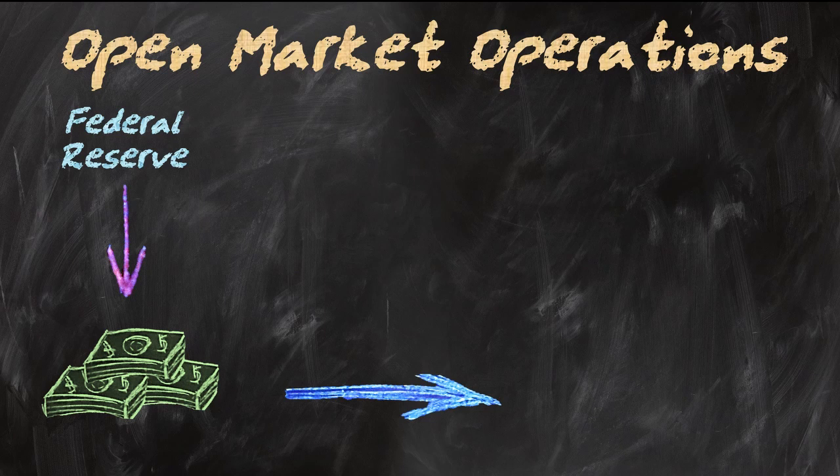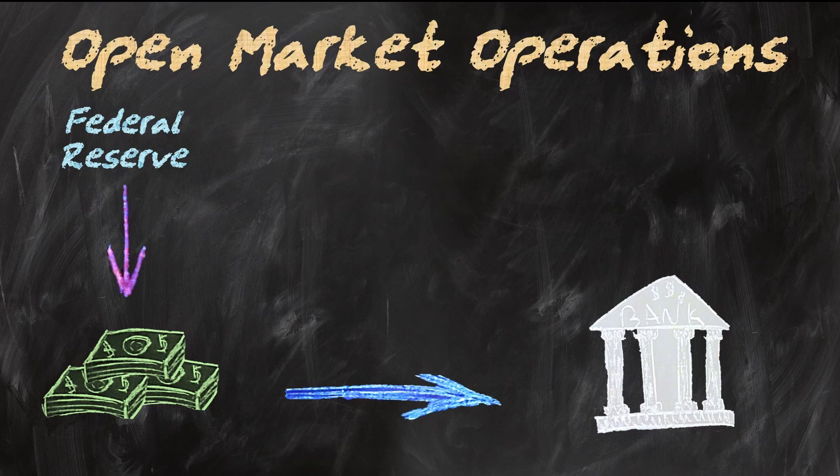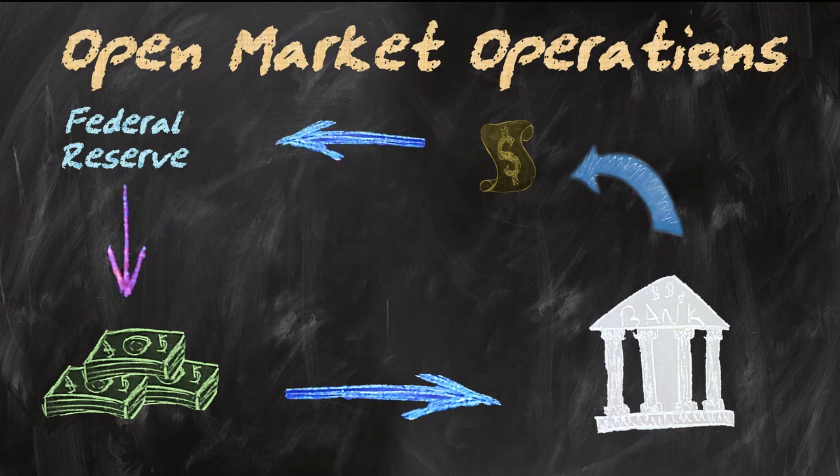So this money is going to go into the banks. And what the banks are going to do is they're going to sell the securities to the Federal Reserve. So the Federal Reserve is using their money to buy securities from the bank. So the bank is going to have more money to lend out.